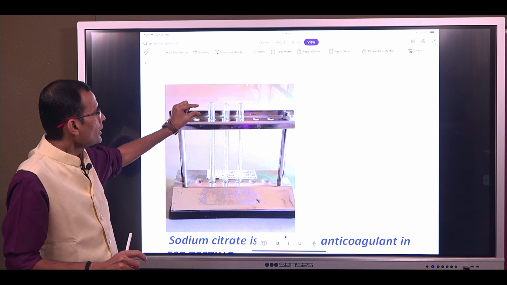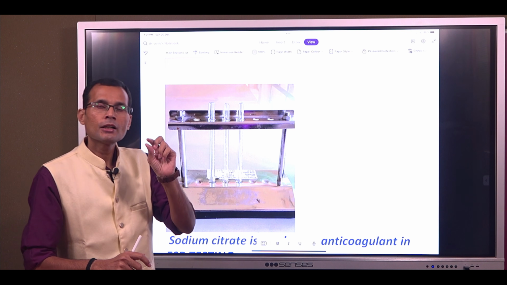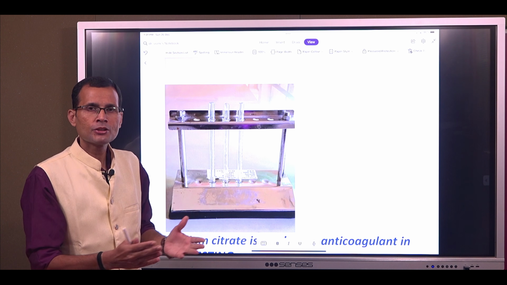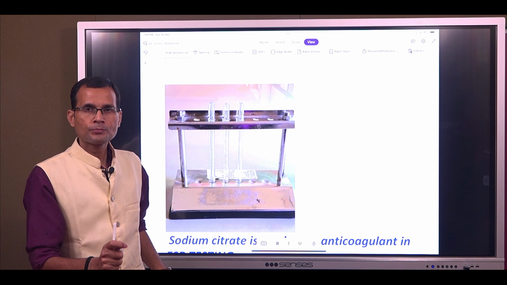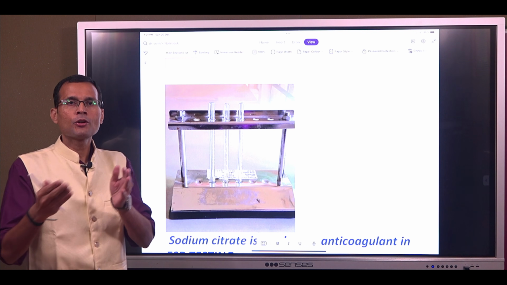So, note the column of that visible plasma at the top in millimeters. So, 10 millimeters, 12 millimeters, whatever it is, and that is how you will denote the ESR. So, millimeters at the end of 1 hour.